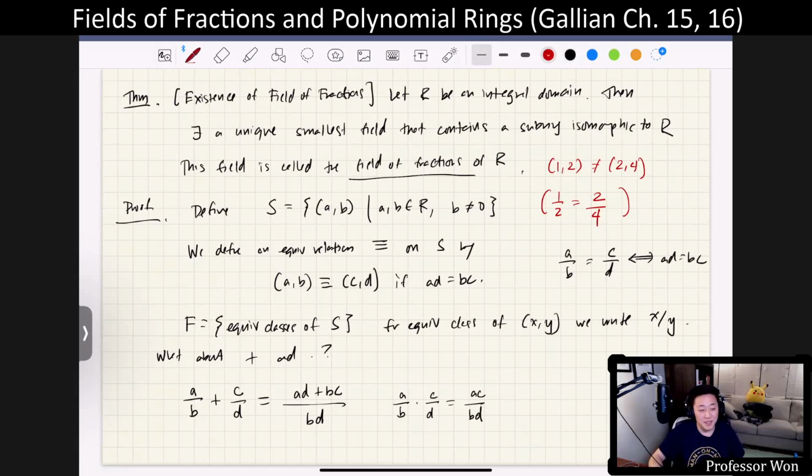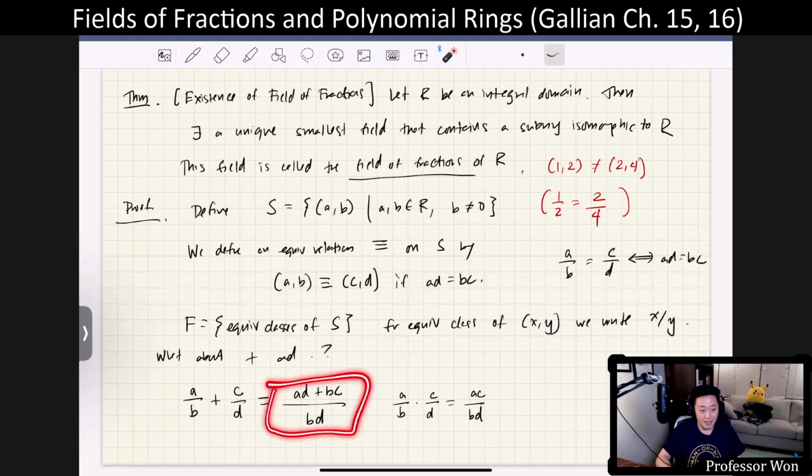But actually the first issue of well-definedness, before we do anything else, is to make sure that this claimed sum, AD plus BC over BD, is actually one of the equivalence classes. Why do I say that? Well, if BD were 0, this wouldn't be one of the equivalence classes in F, and so it would not be well-defined because the sum doesn't land in the correct place.